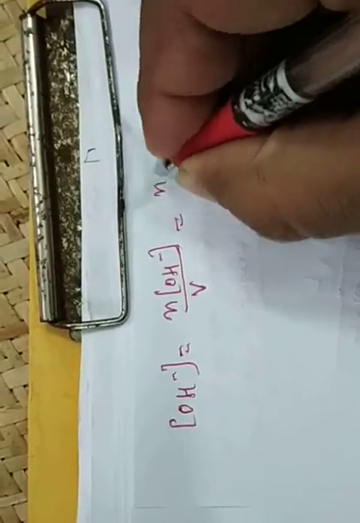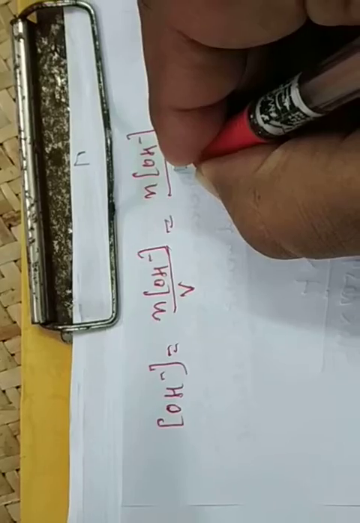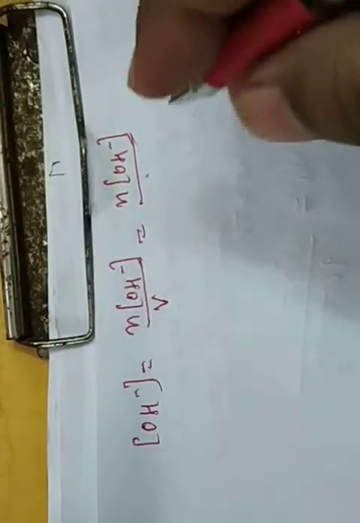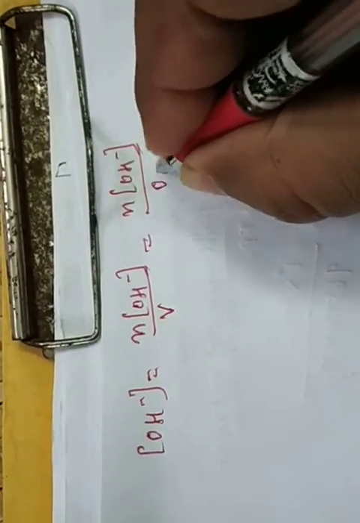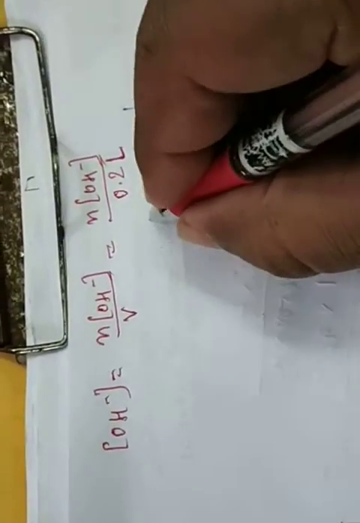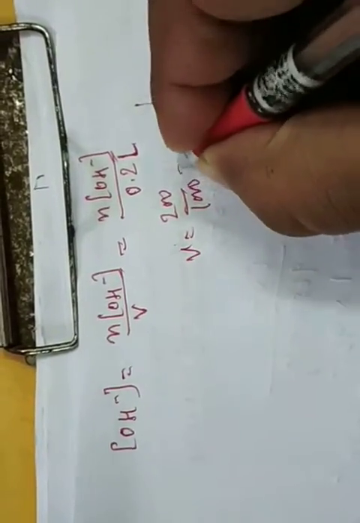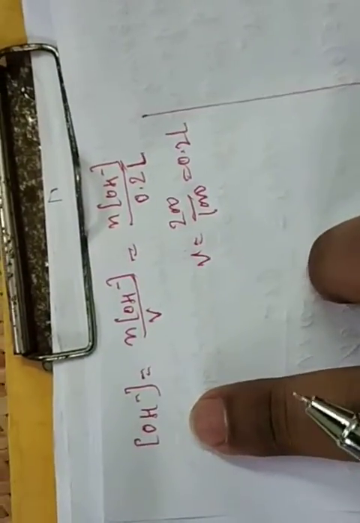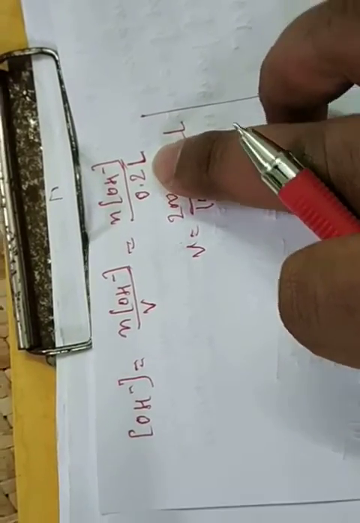What is the volume here? The volume is 200 ml, so just convert 200 ml: 200 divided by 1000, which is 0.2 liter. Clear? So the OH concentration is the number of moles of OH minus upon the volume of solution in liter.